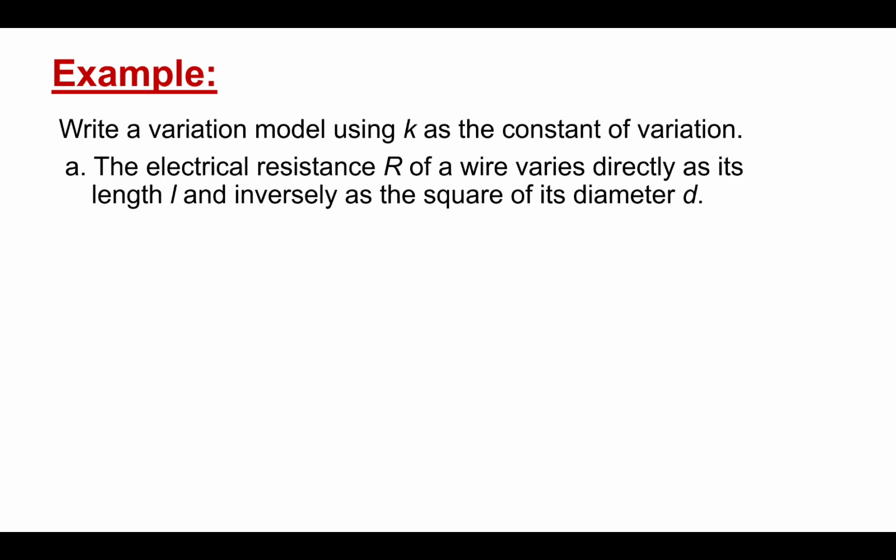So let's try another one. This one is written more in wording. The electrical resistance R of a wire varies directly as its length. So this is some resistance of a wire is equal to some constant of proportionality that varies directly as its length.